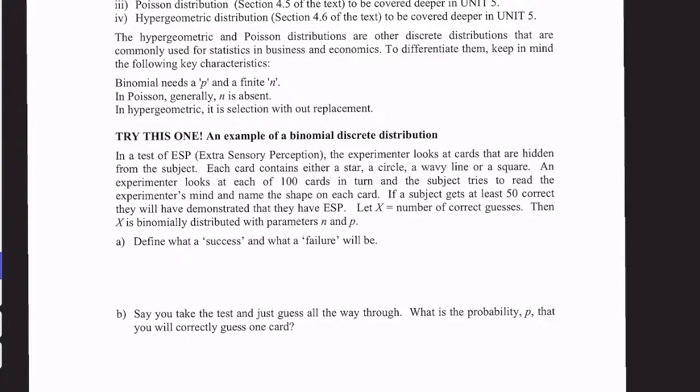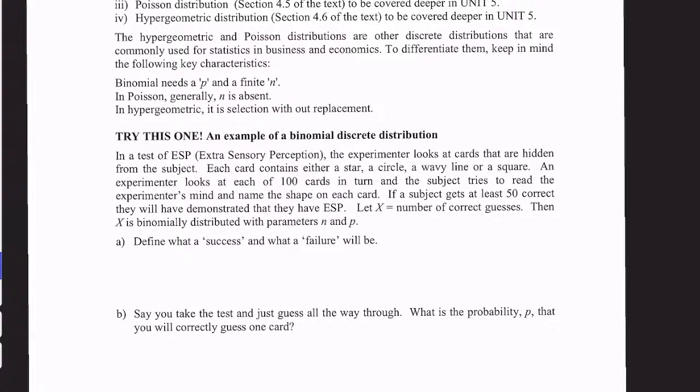For waiting in lines or lineups, for queuing, Poisson distributions are often used. For selecting cards out of a deck, so for making predictions in a casino, the hypergeometric distribution could be used. Okay?